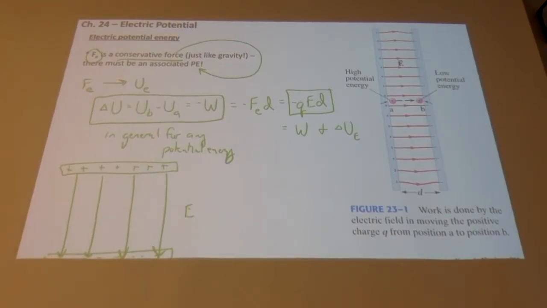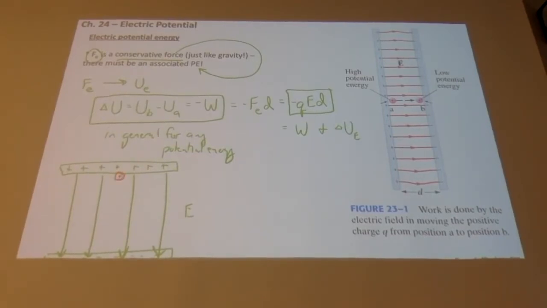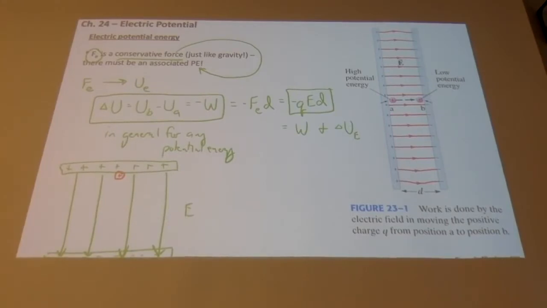So if I take a positive charge and put it all the way at the top, it can't go any higher in the electric field. It's going to have the most potential energy it can have. So here it has high electric potential energy.